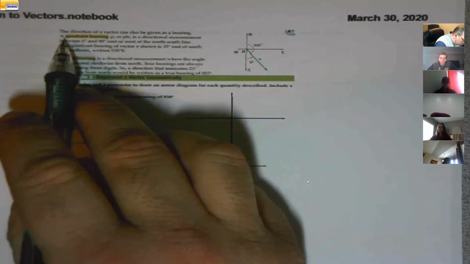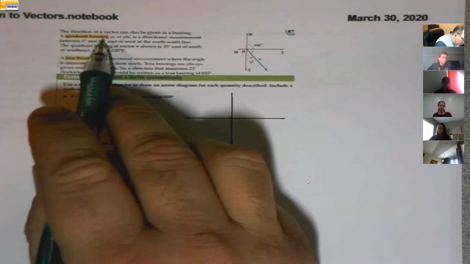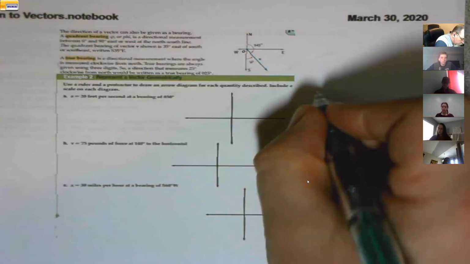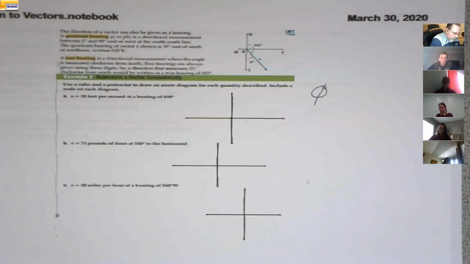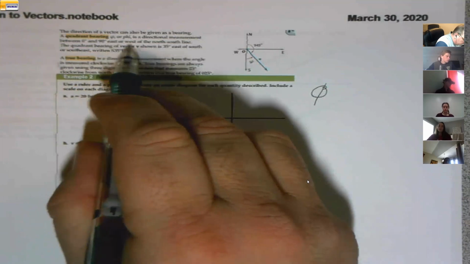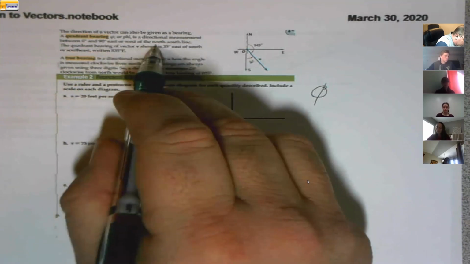The direction of a vector can also be given as a bearing. The quadrant bearing is phi, and it's a directional measurement between 0 and 90 degrees east or west of the north-south line.